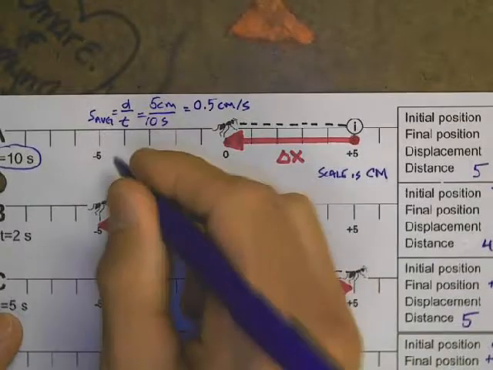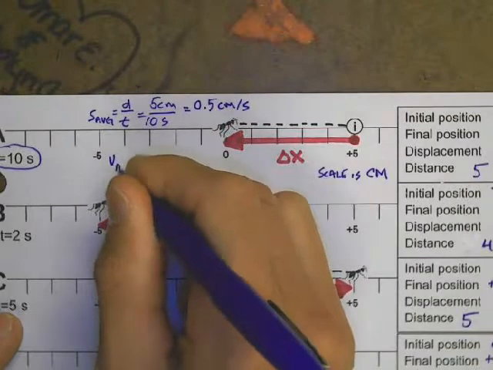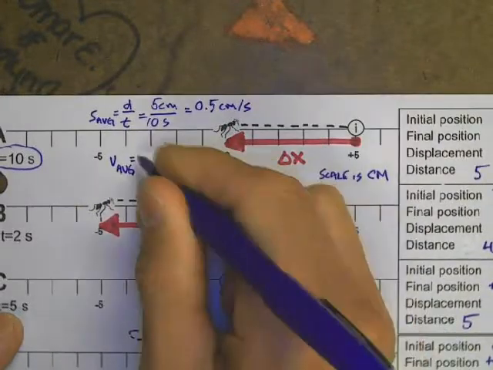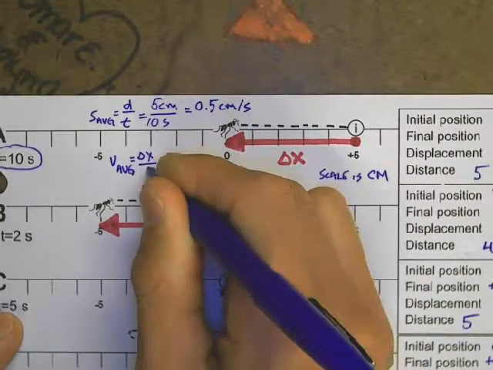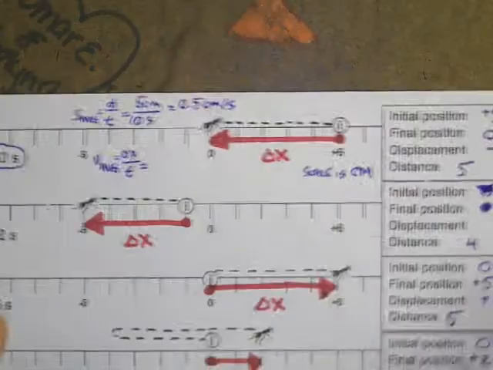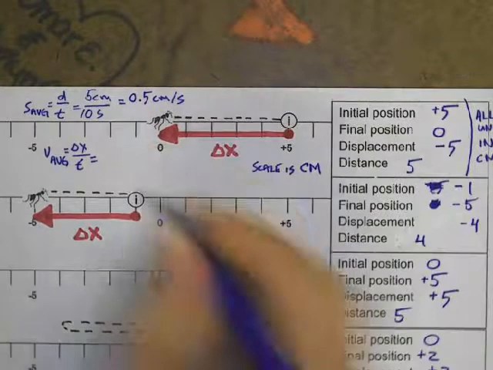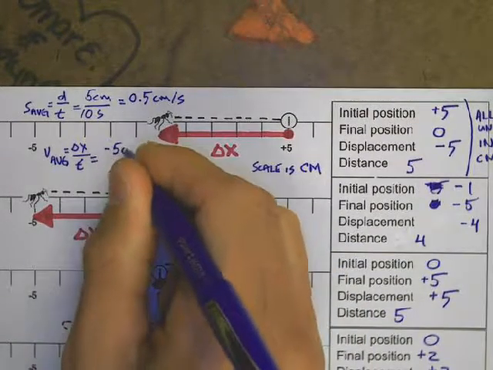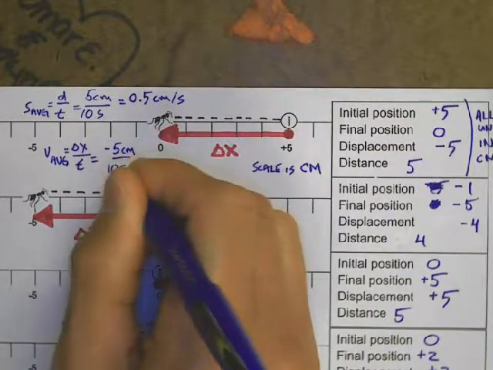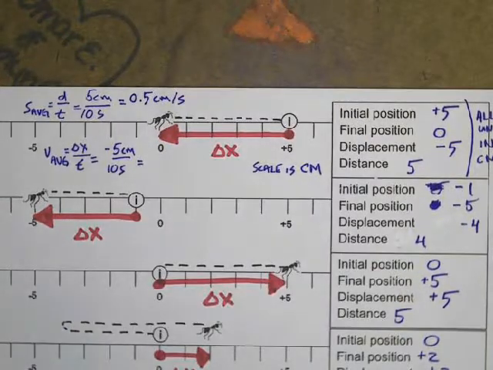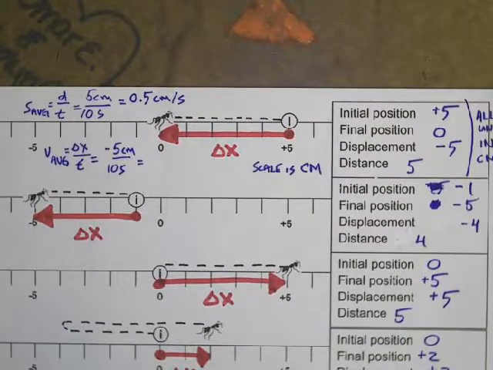Now, how about average velocity? We can put that in here. Average velocity is going to be equal to displacement over time. And in this particular example, the displacement is going to be -5, and I write -5 centimeters over 10 seconds. Okay, it's the same time.